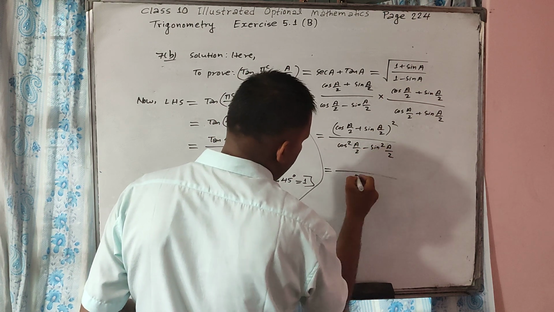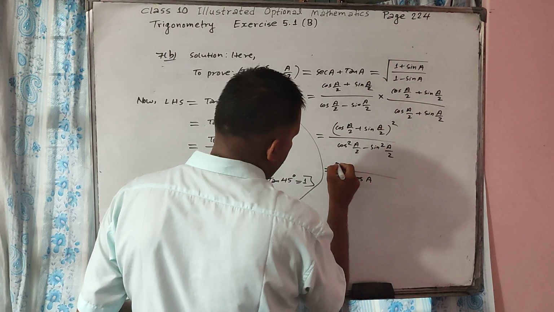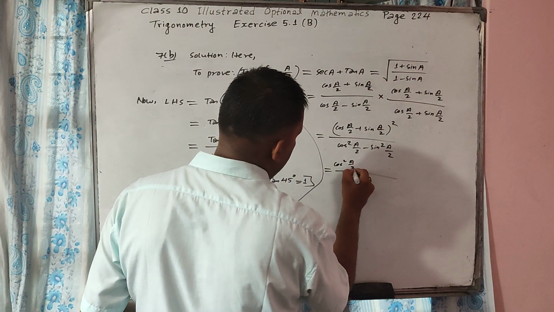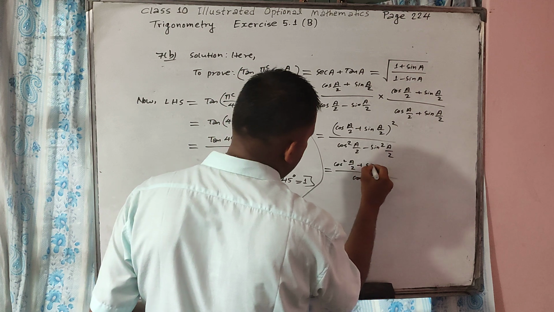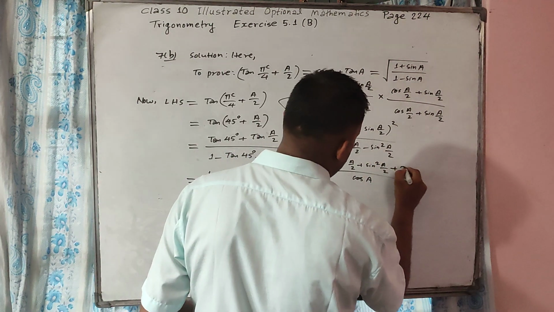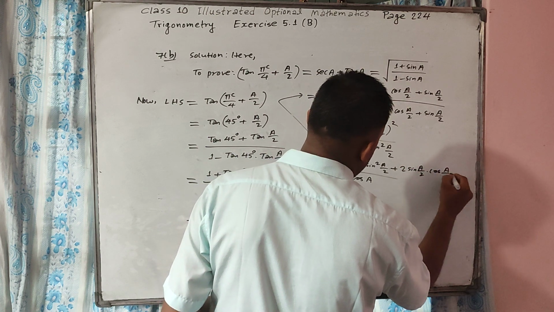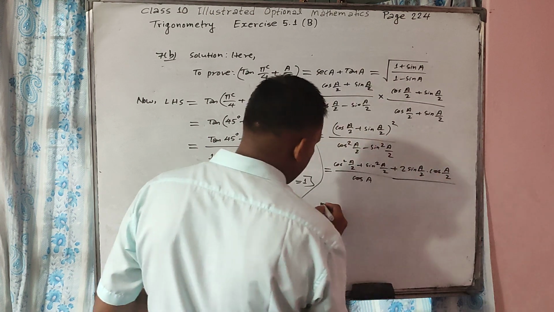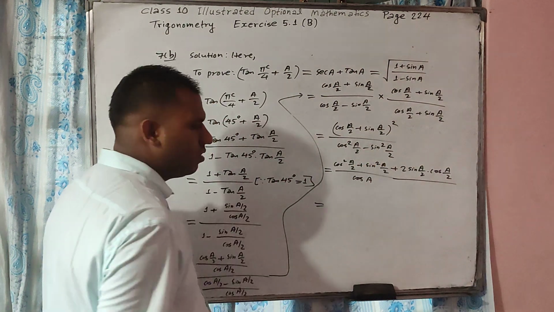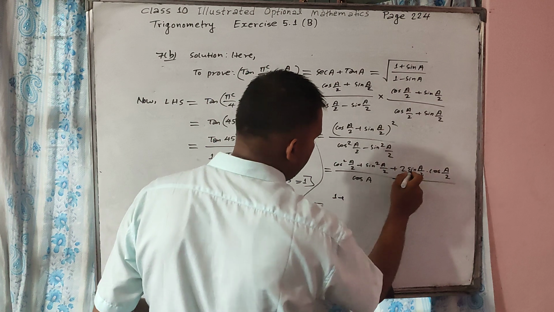This is the formula of cos a in angle form. So cos a. In the numerator, a plus b whole square: cos²(a/2) plus sin²(a/2), a² plus b² plus 2ab, 2 sin(a/2)cos(a/2). Its value is 1, since sin²(a/2) plus cos²(a/2) is 1, plus sin a.